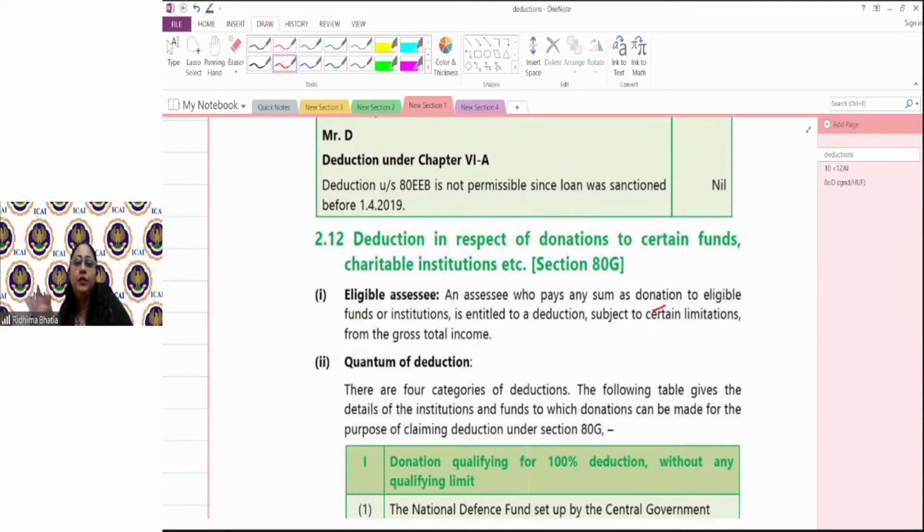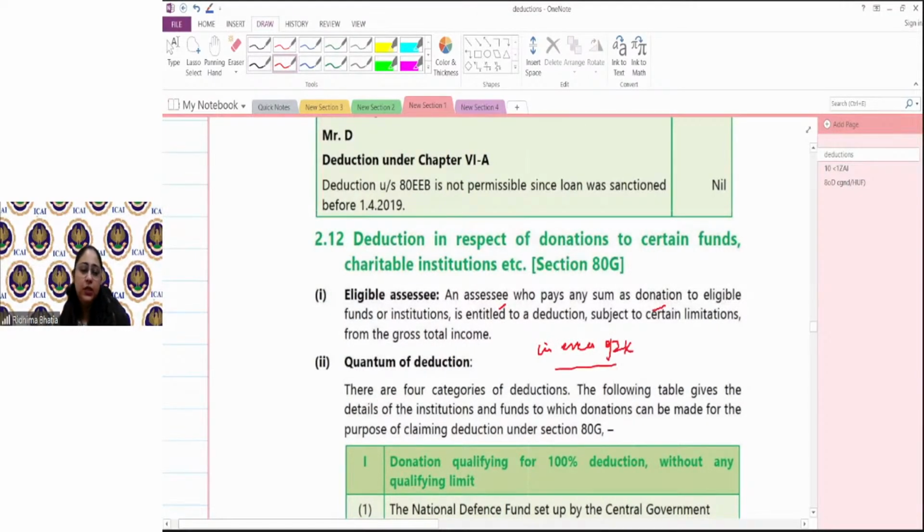Before I move on to the list of eligible funds and institutions, I want to give you clarity. 80G is for donations, but donation is one such thing which people can use to whatever extent they want to. So in order that it does not get misused, there is one important thing: the donation in excess of 2000 cannot be made in cash.